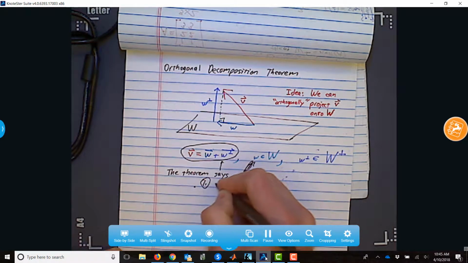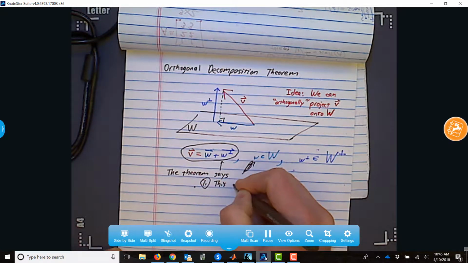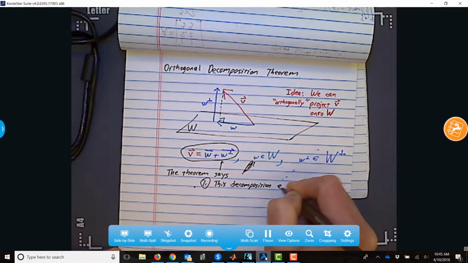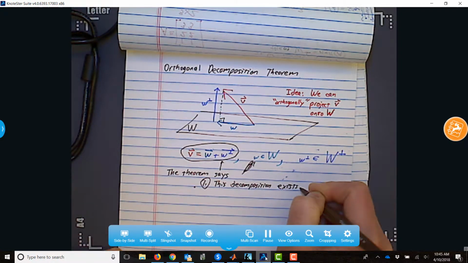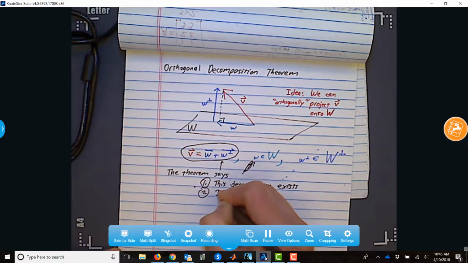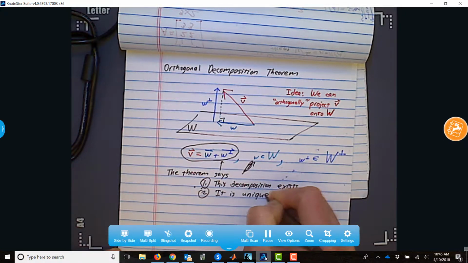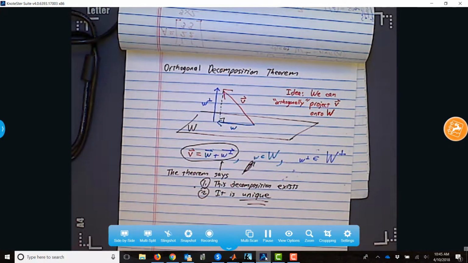Number one, this decomposition exists. And then two, it is unique. Okay? This is an example of what you call in mathematics an existence and uniqueness theorem.